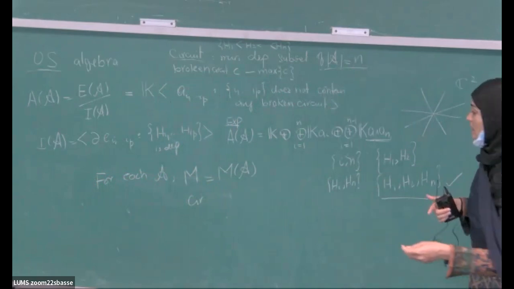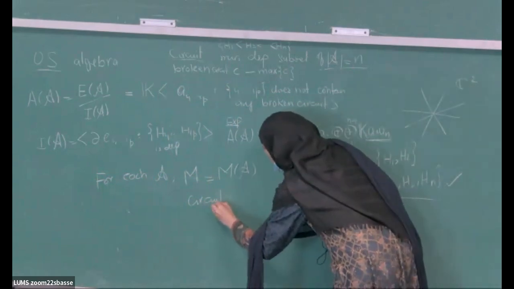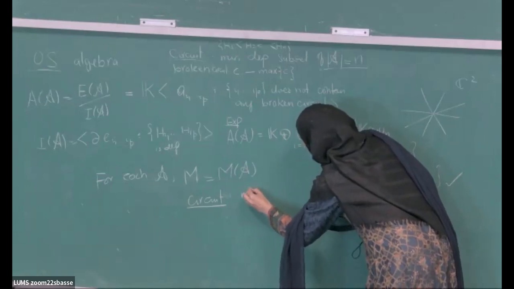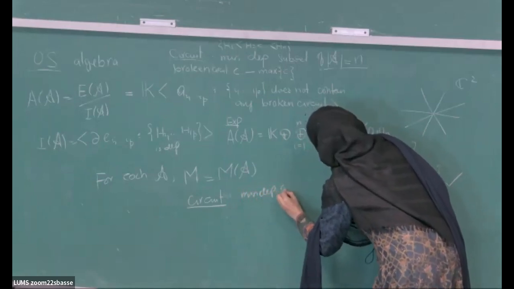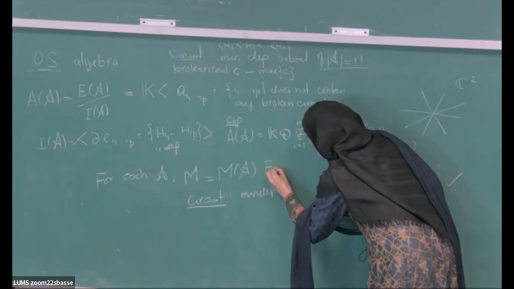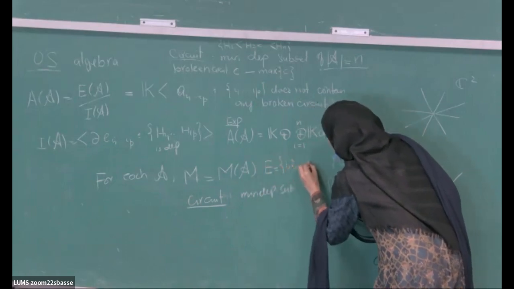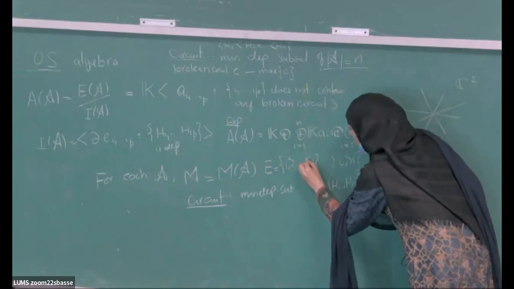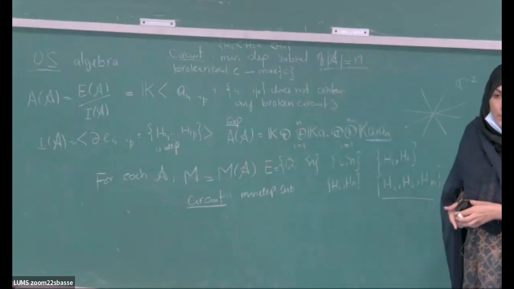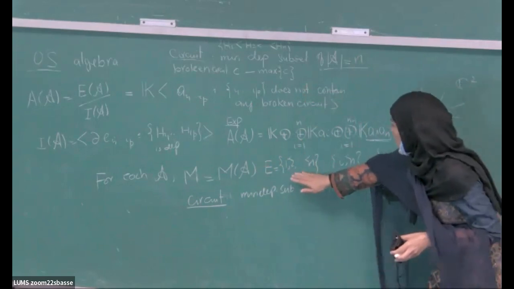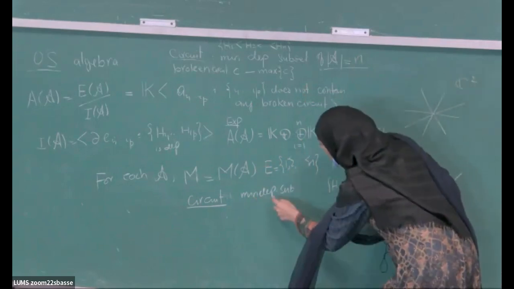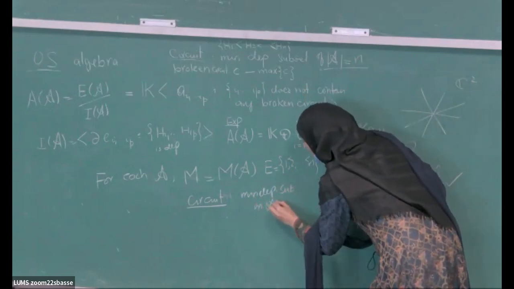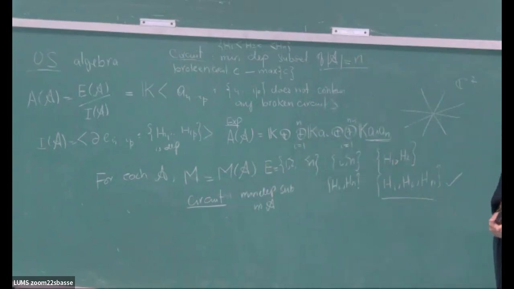The circuits are the same, the minimal dependent subsets. Here the underlying set you can consider just 1 up to n corresponding to each hyperplane, and there is an order, because if you want to define the broken circuit, you need this order. So this is the minimal dependent subset, and the broken circuit is a similar one.